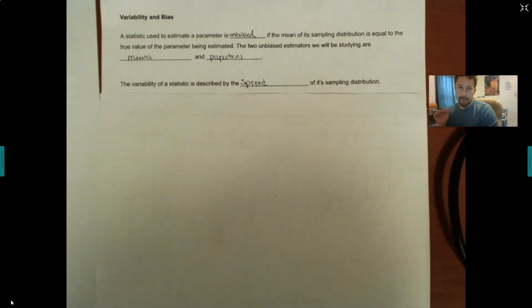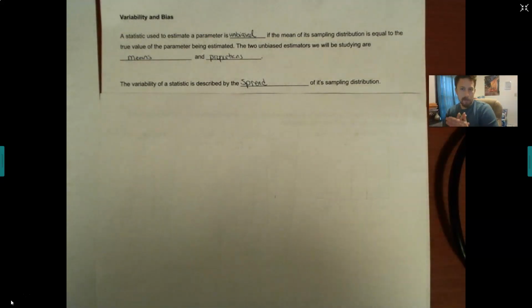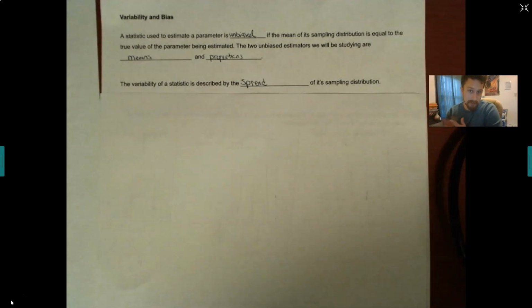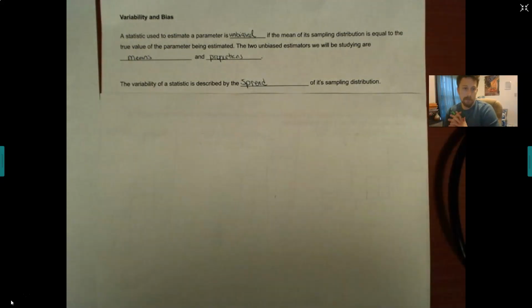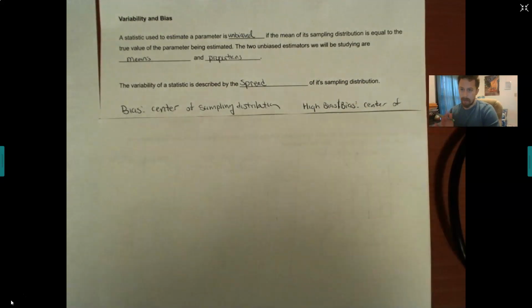So we're also going to look at variability. The variability, standard deviation, range, it's spread. Okay? So the variability of a statistic is described by the spread of its sampling distribution. So when we look at the word bias, we're really concerned with the center of the sampling distribution, because we took the mean of the means, the means of the proportions, means of the medians.